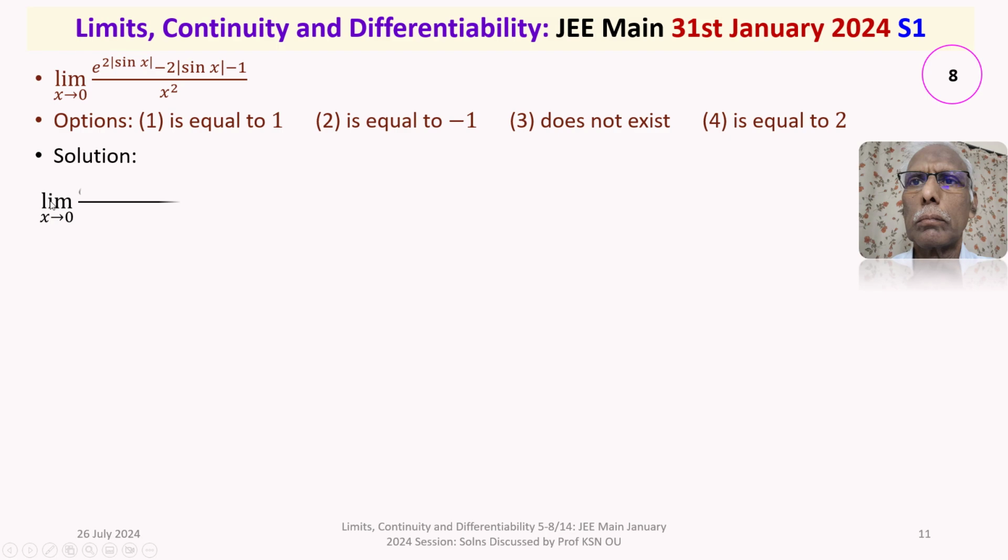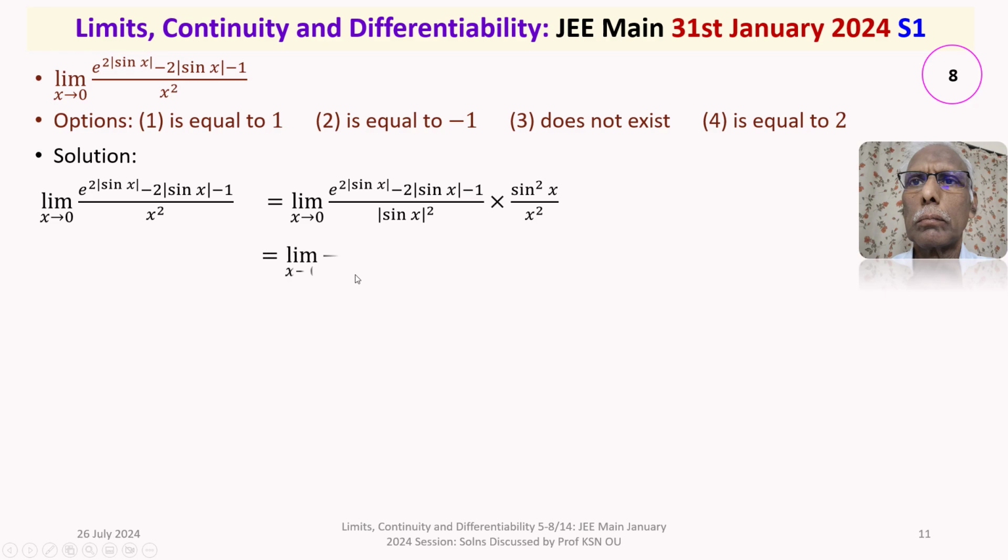So take limit x tends to 0, whatever it is given here. Now multiply and divide by mod sin x whole square. So you have divided by mod sin x whole square and multiplied by mod sin x whole square, which is the same as sin square x, and this x square as it is. Now the limit of the product is equal to the product of their limits.